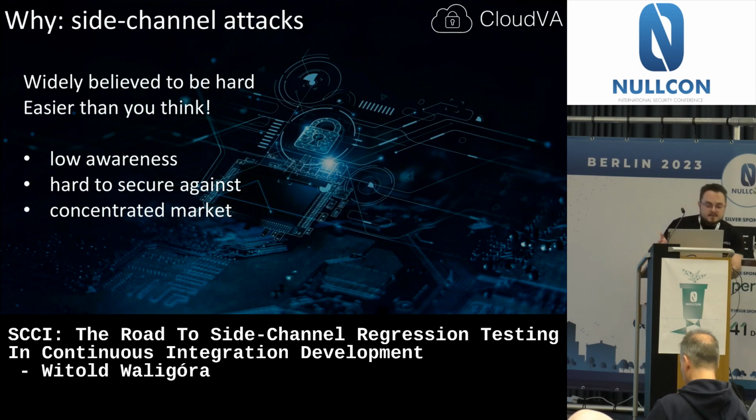And the market is very concentrated. So for IoT and embedded, pretty much everyone uses ARM these days. So there's like a couple chips that cover like 90% of the market. And for software, it's even worse, because for years, decades even, we've been telling people as security professionals never to roll their own crypto. So everyone uses the same library pretty much, or the same implementation.